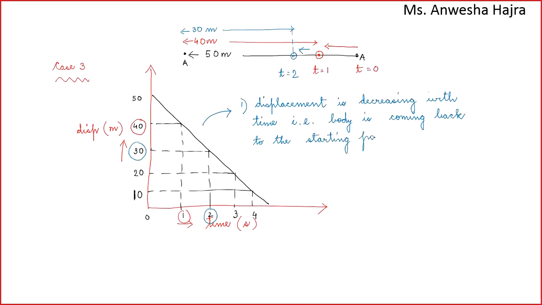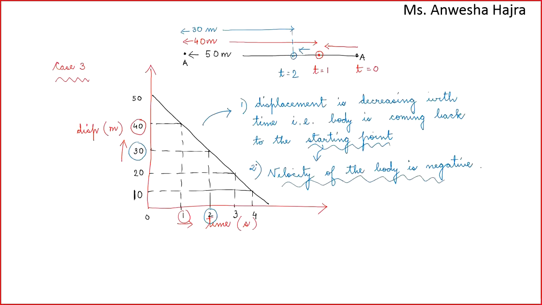And when the body comes back to the starting point, children, point number 2, we say velocity of the body is negative. When the body is coming back to the starting point, velocity of the body is negative.